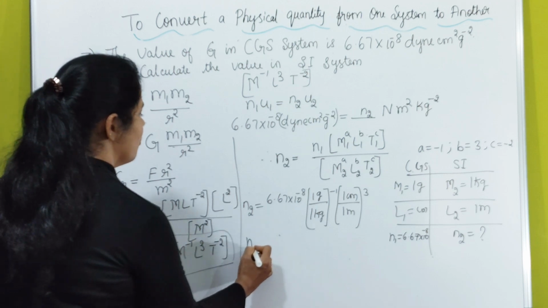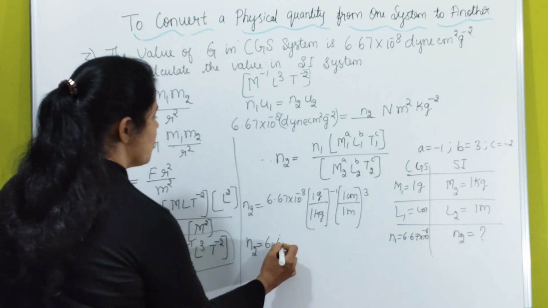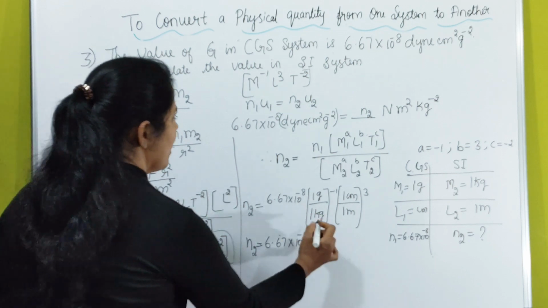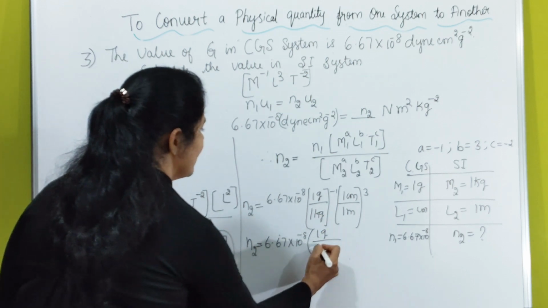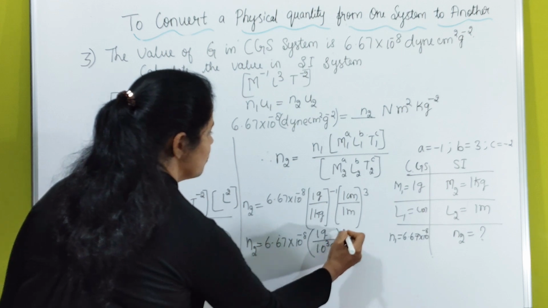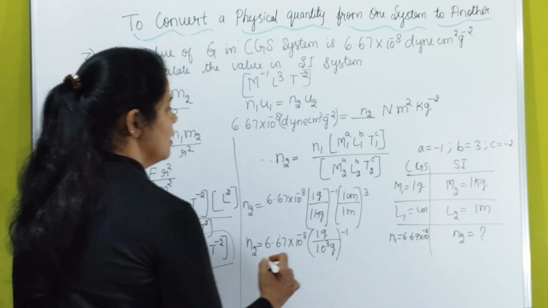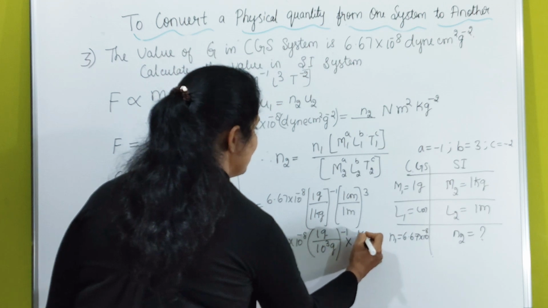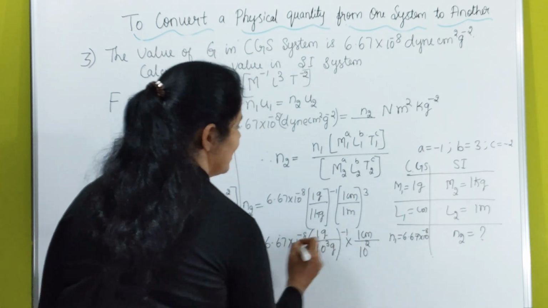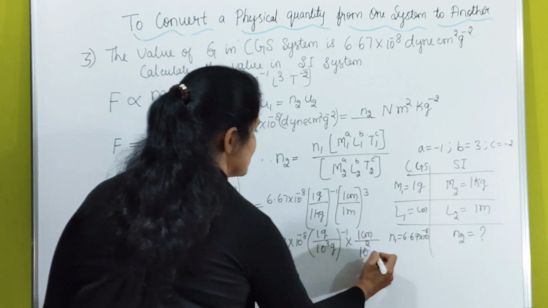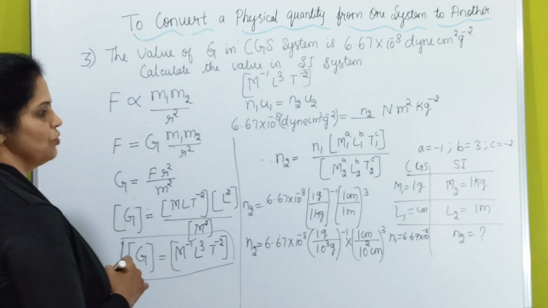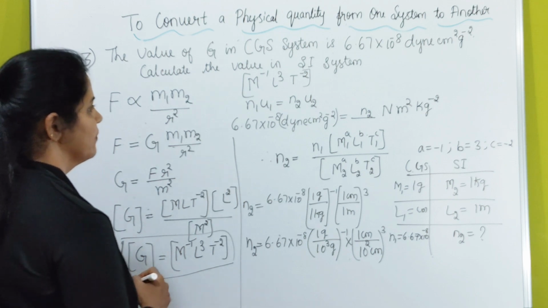Therefore, N2 is equal to 6.67 10 to the power minus 8. Now 1 gram you keep as it is. 1 kg is 1000 gram, so I'll write 10 to the power 3 gram to the power minus 1, into 1 centimeter you keep as it is. 1 meter is 100 centimeter, 10 to the power 2 centimeter to the power 3.